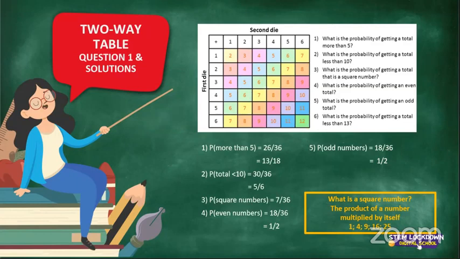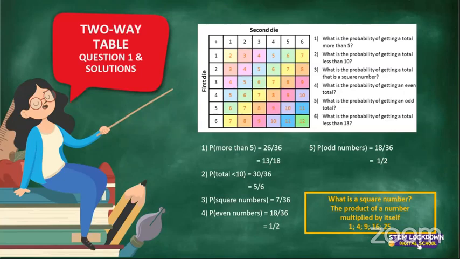And then the last question quickly, what is the probability of getting a total less than 13? It was a bit of a trick question, but if we read it nicely, it's fine.